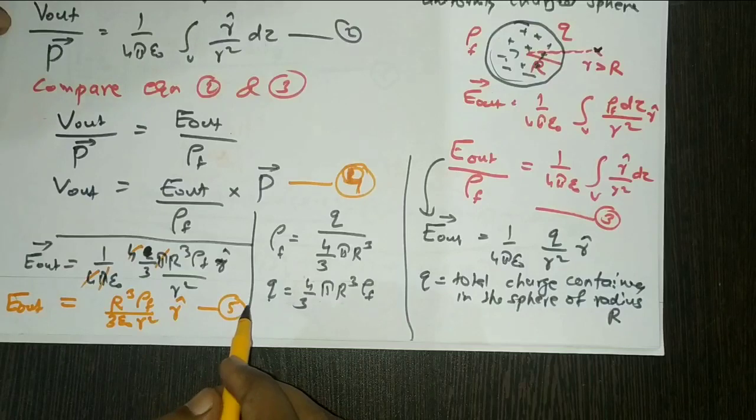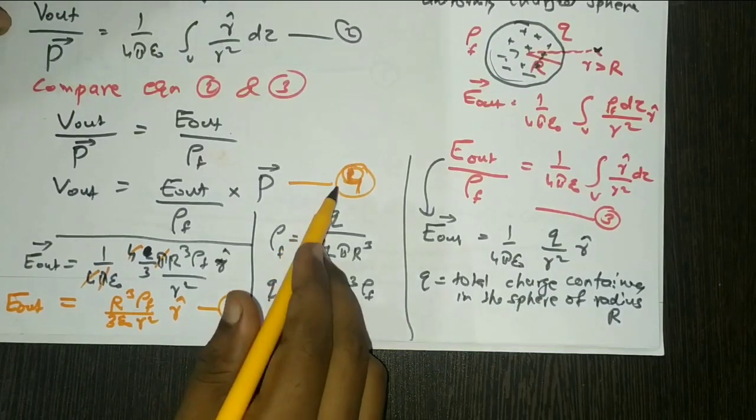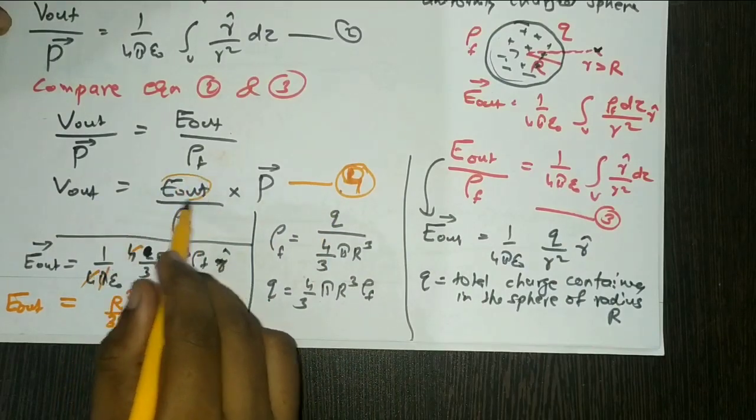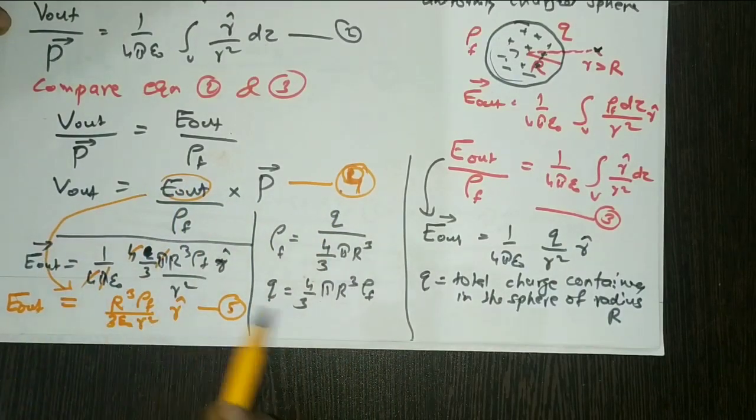Next I will substitute equation number 5 in equation number 4. That means I will replace this E out by this expression.